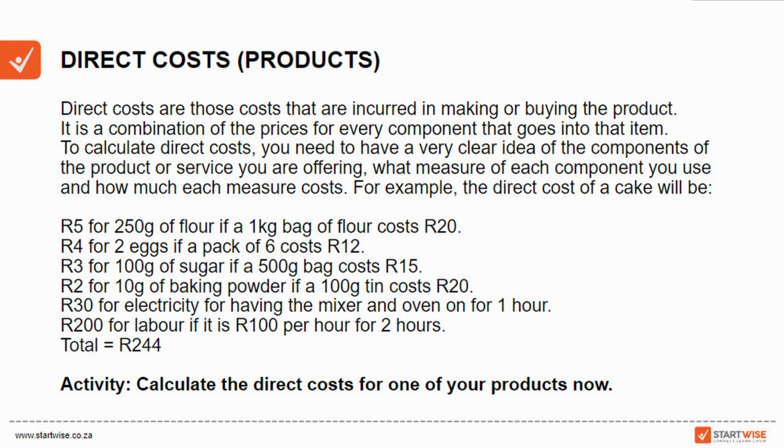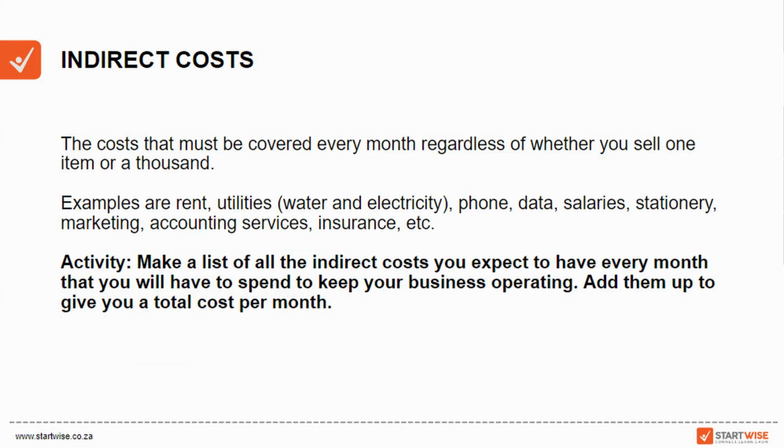Okay, so I hope that you've all calculated your direct costs, and I'm now going to move on to the next section, which is all about your indirect costs. Indirect costs are often something that business owners forget about or forget to pass on to the customer.